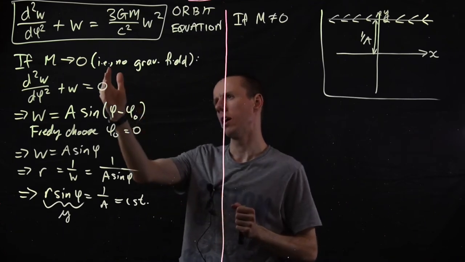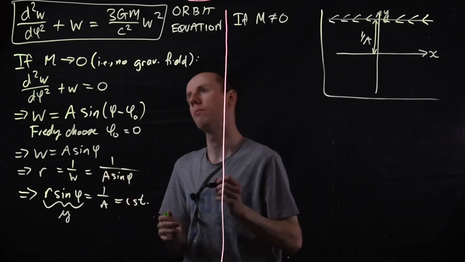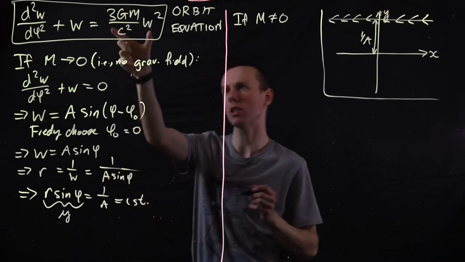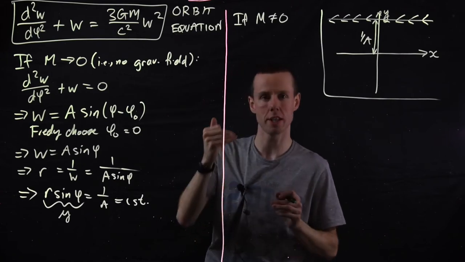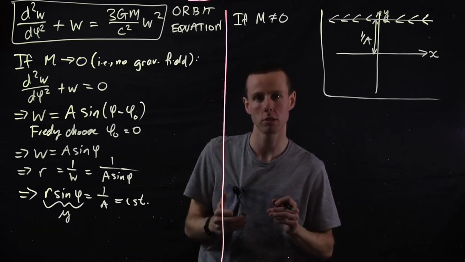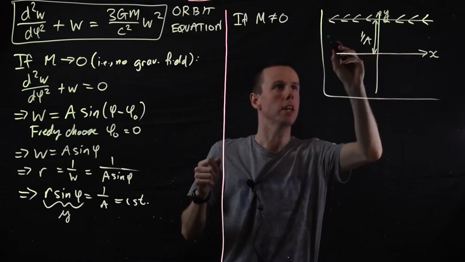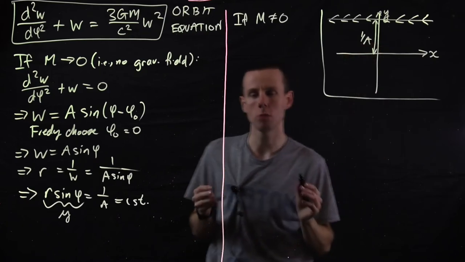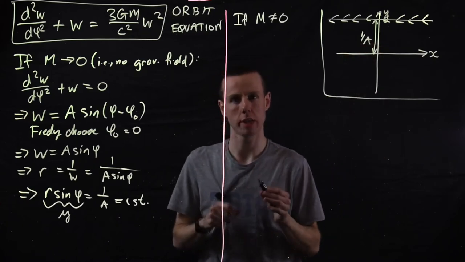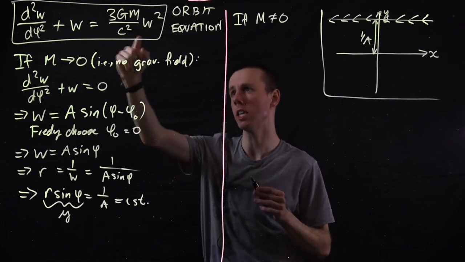So what you do is you assume that the effect of having this term, of having the gravitational field, is a small effect. So we expect that the light ray is going to be not a straight line anymore, but deflected from a straight line, but we assume that the deflection is small. So the effect of general relativity is a small effect, and indeed that will be the case.